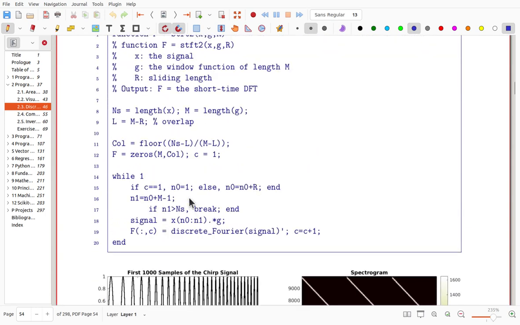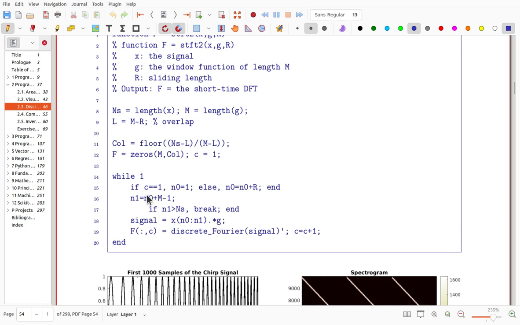Okay, here we initialize the array, a matrix for the frequency components, with m rows and this many columns. Okay, now the column C is 1 for the first column.